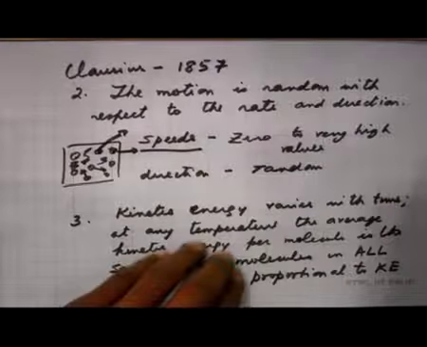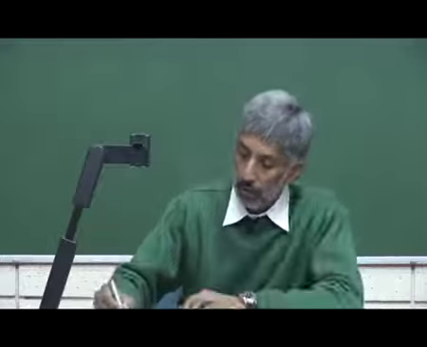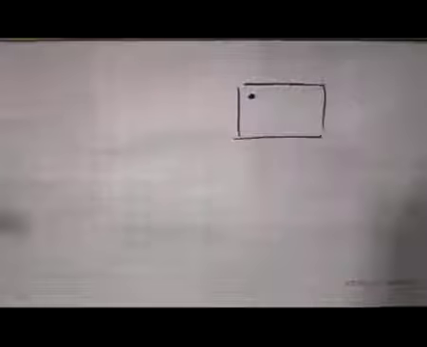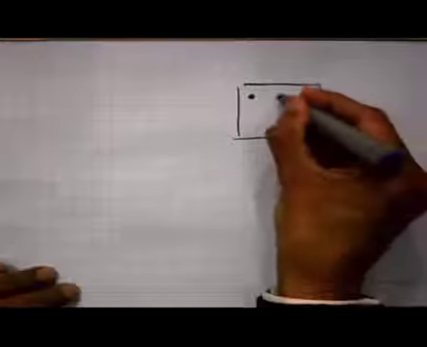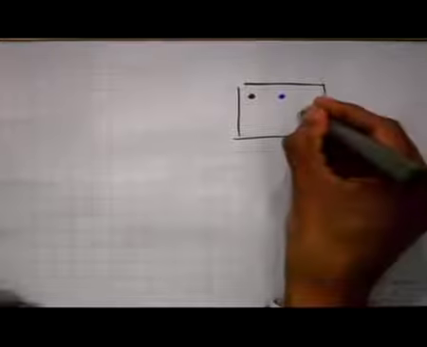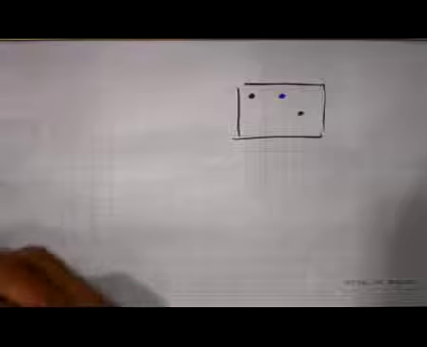So, if you took a sample, for convenience, imagine that there are 4 kinds of molecules. One is a black one, another is a blue one. We have a third molecule which is green, and a fourth molecule which is red.